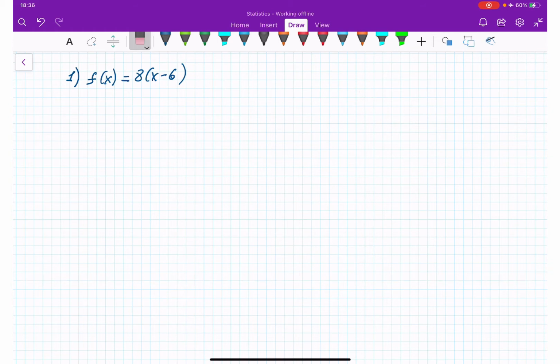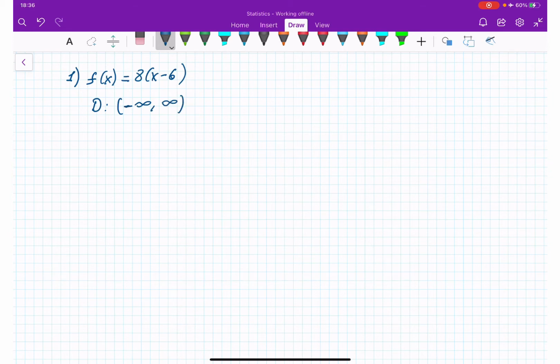Okay, so if numbers are real, then we have domain negative infinity to positive infinity.